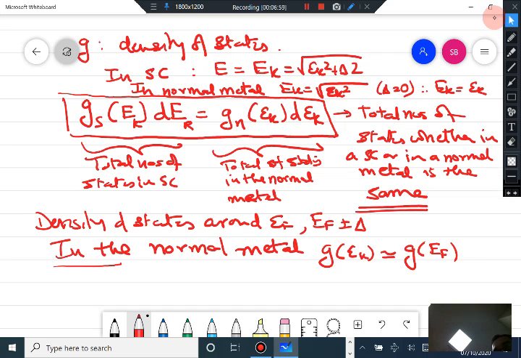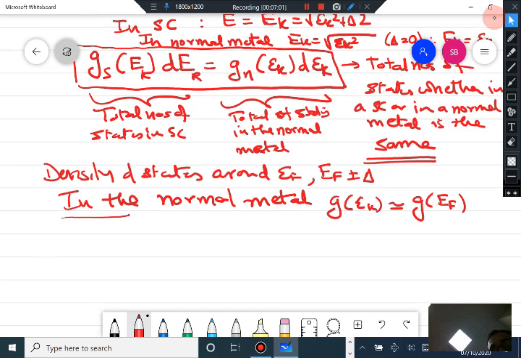Delta is typically very small. The Fermi energy is of the order of a few electron volts, and delta can be a few milli electron volts. Just to give you an example, delta is equal to 2 h cross omega D times the exponential of minus 1 by V naught G of EF.